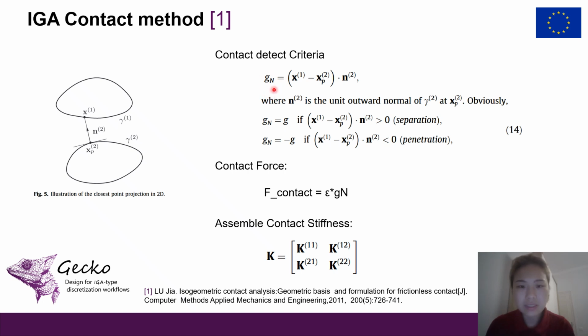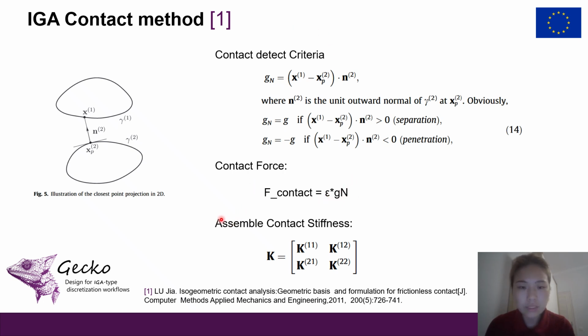It represents the distance between two potential contact surfaces measured along the normal direction. When Gn is larger than 0, it's defined as separation, and when Gn is smaller than 0, it's defined as penetration. You can take it as the contact status. To resist this penetration, a contact force is introduced, which is proportional to the gap Gn.